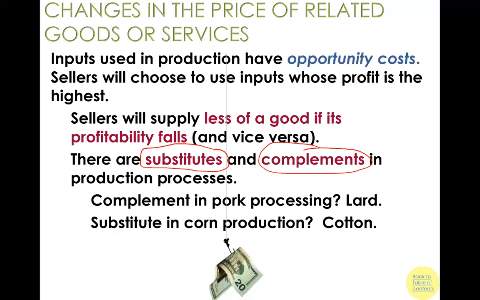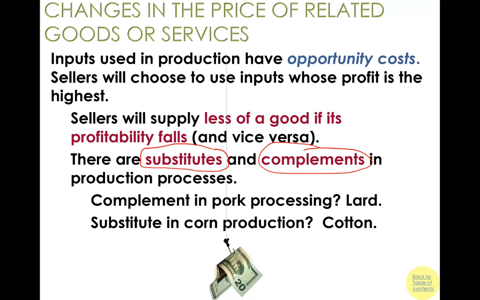We substitute corn for soybean, right? Typically you substitute corn for maybe rice, right? But there, the substitution lies in the consumption. But here, we talk about corn is a substitute for soybean in production.